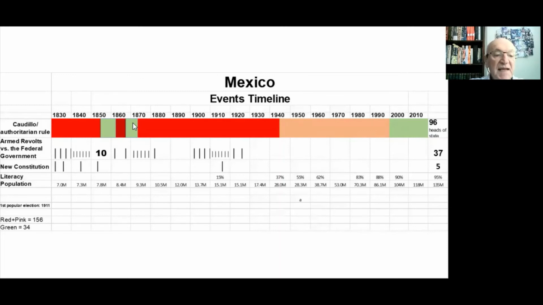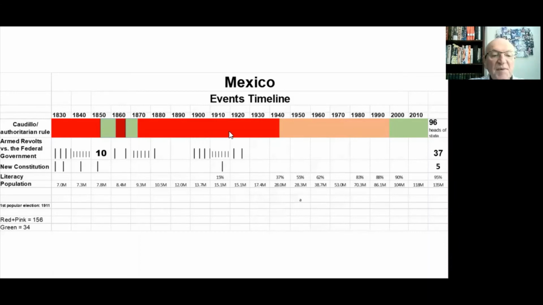Now, besides the problem with the French, Mexico had other international wars. Of course, the one that we most know is the Mexican-American War. That was in 1946 to 48, and it caused a lot of damage to Mexico.